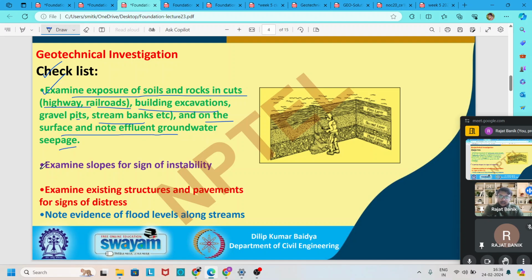They also examine the slopes for signs of instability, examine the existing structures and pavements for signs of distress, and note the evidence of flood levels along the stream.